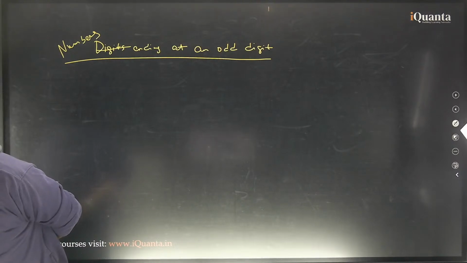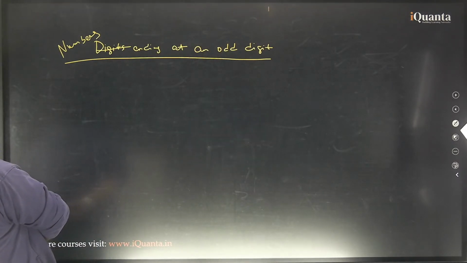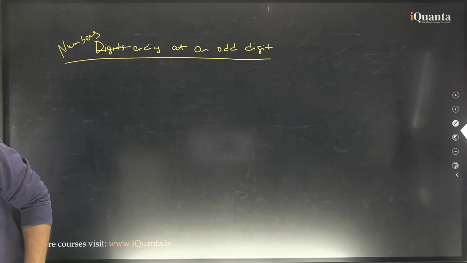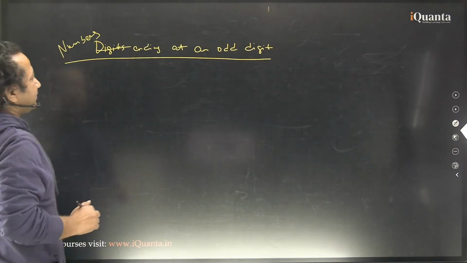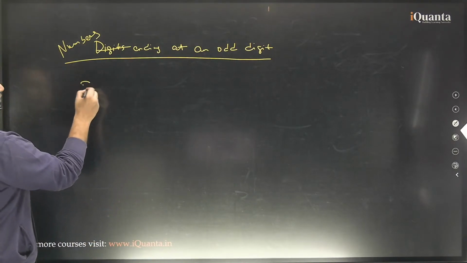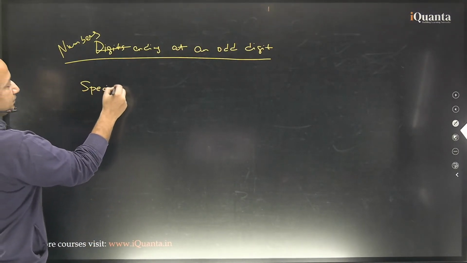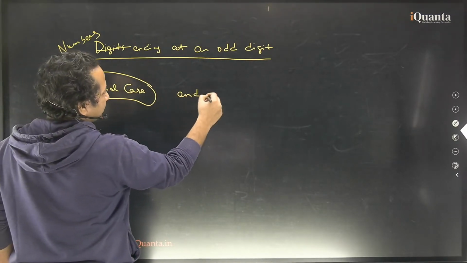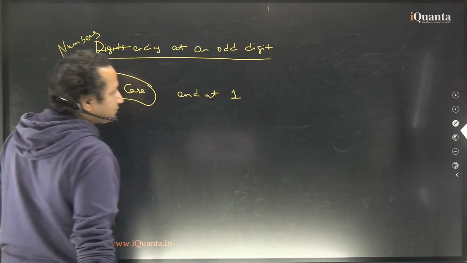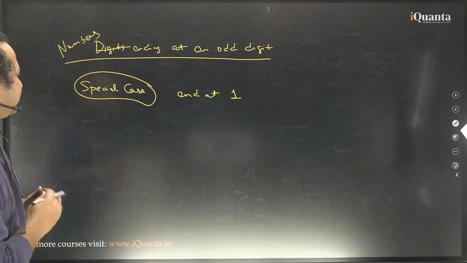All right. So now when we have numbers which end with odd digits, then what happens? Here there's a special case. When they end at 1, this is going to change your life.